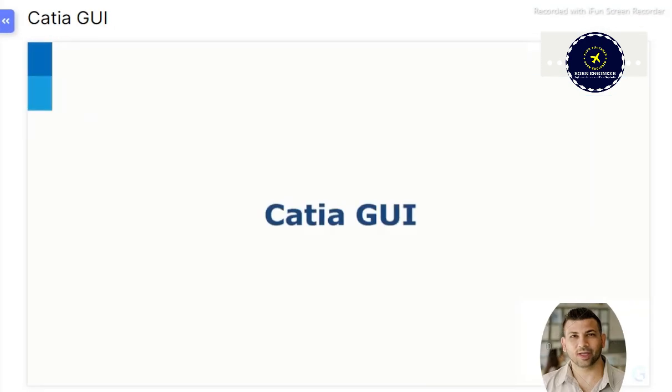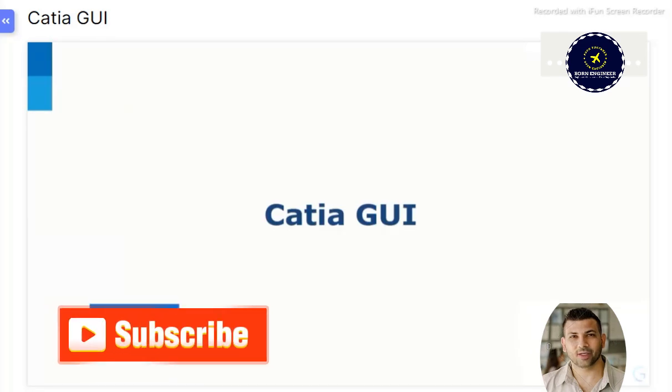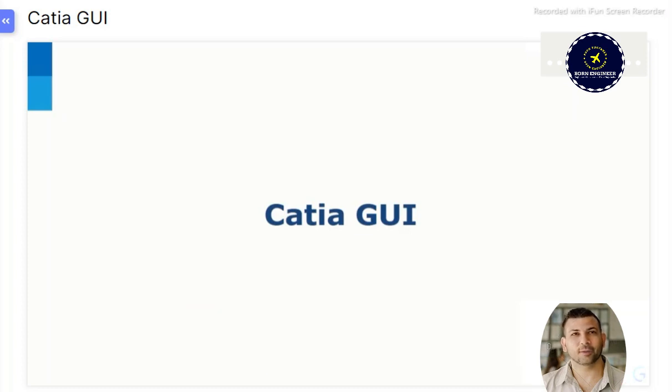Now let's go to our next topic. That is nothing but the CATIA GUI, graphical user interface. So GUI talks about what are the features which we are getting and where are we getting it. What are the various options or tools available in the graphical user interface in CATIA?